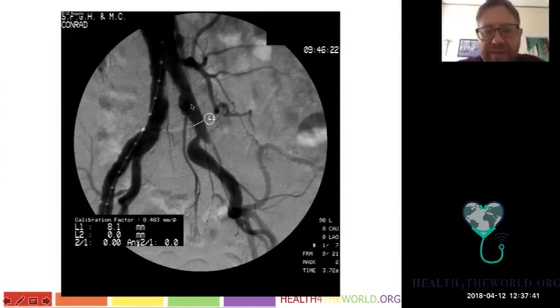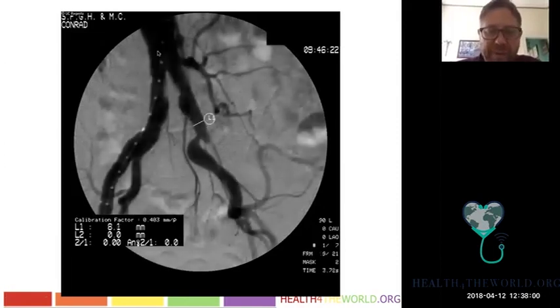Here is the left common iliac artery. Here's the left internal iliac artery. Here's the left external, and boom, it's out. So we see that it tapers down, and then we just have some collaterals. We're not sure yet what those are called, but let's keep looking.